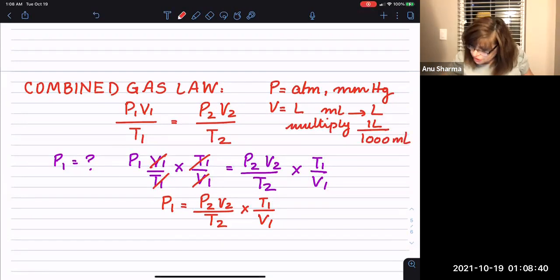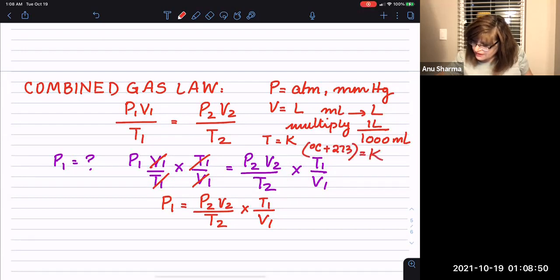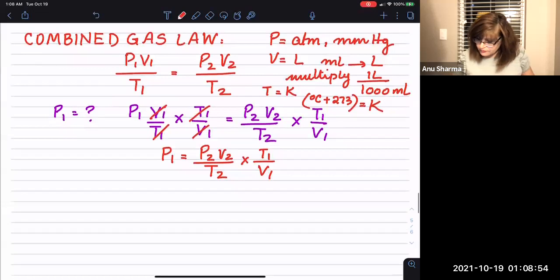Okay, and temperature is always going to be in Kelvin. So we already know that if you have something in degrees Celsius, plus 273 gives you the temperature reading in Kelvin.